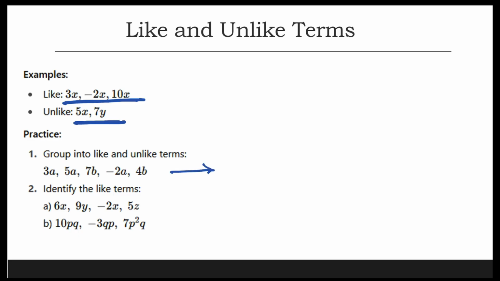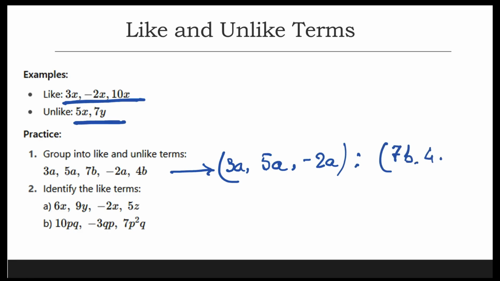So let's practice like terms. 3a, 5a, minus 2a. These are one set of like terms, and 7b, 4b. These are second set of like terms.